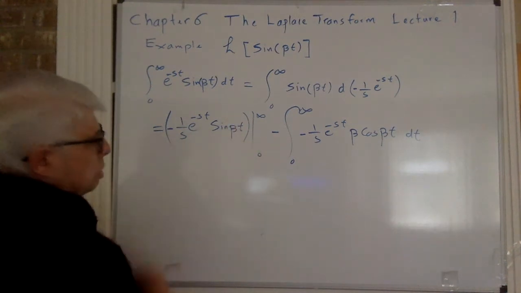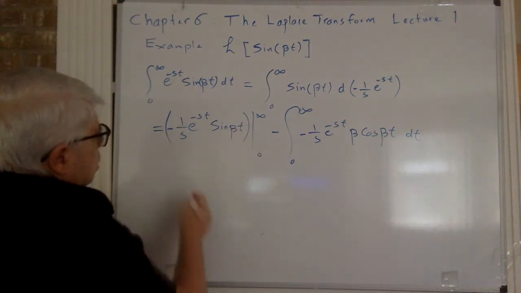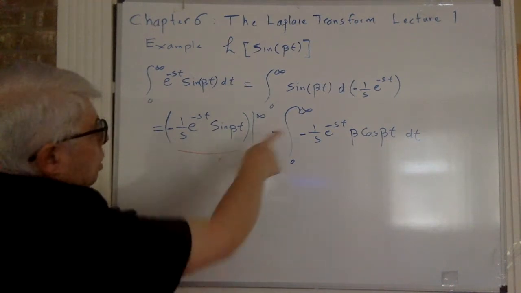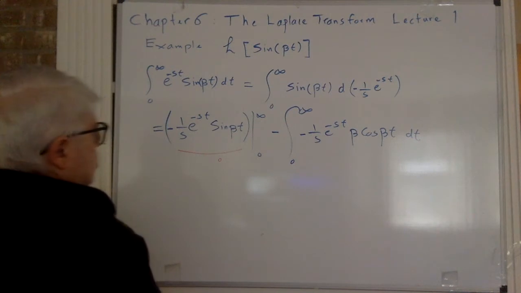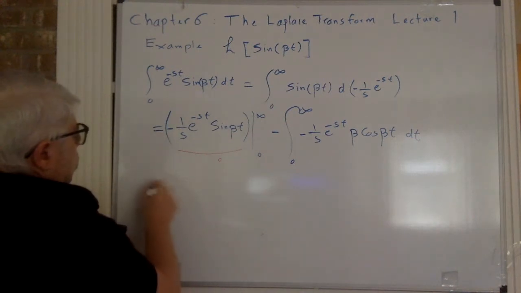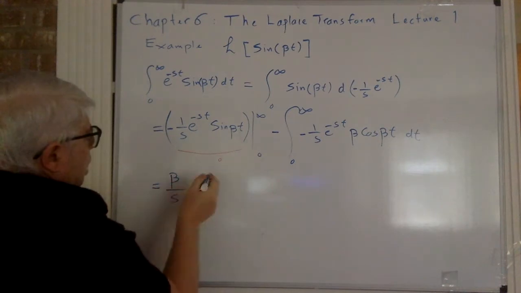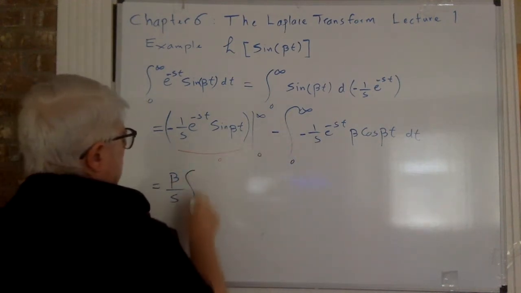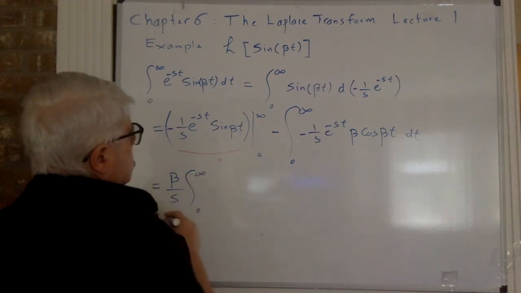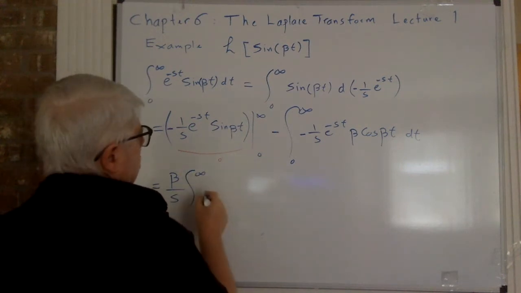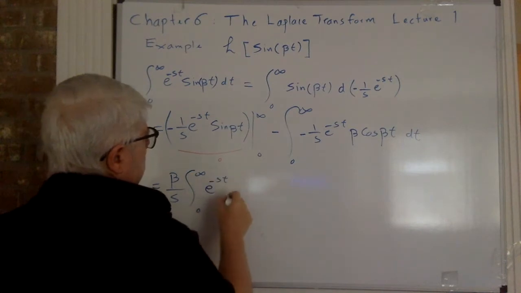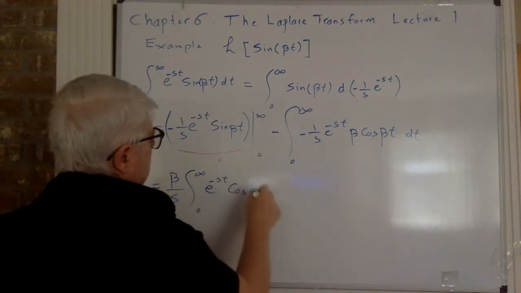So this guy here is 0. This guy here is 0. So I'm left with that, which is beta over s, say, there's a beta here and s here, integral 0 to infinity of e to the power minus st cosine beta t dt.